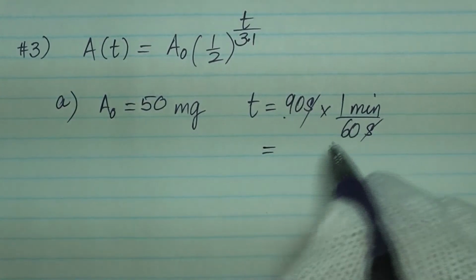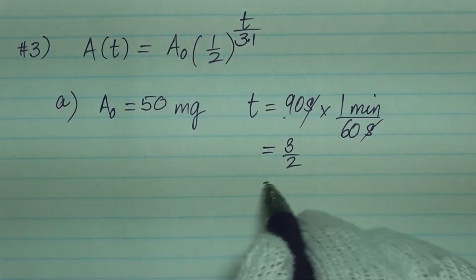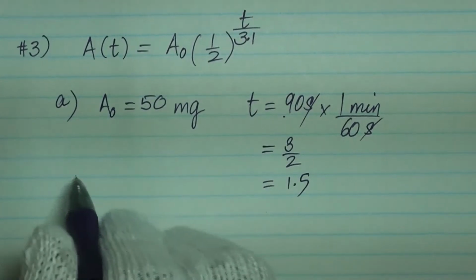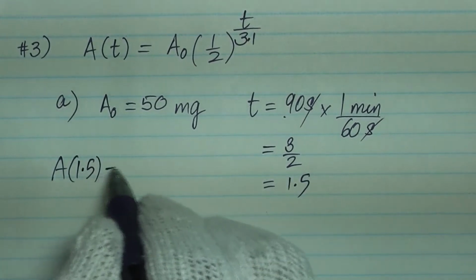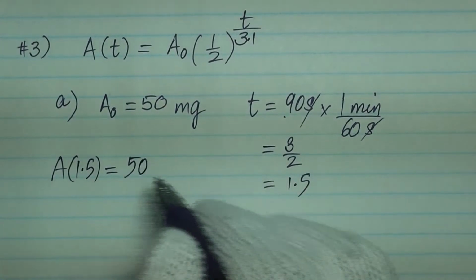T is equal to 90 over 60, or 3 over 2, or 1.5. So A of 1.5, or in other words, how much is going to be left after 1.5 minutes?